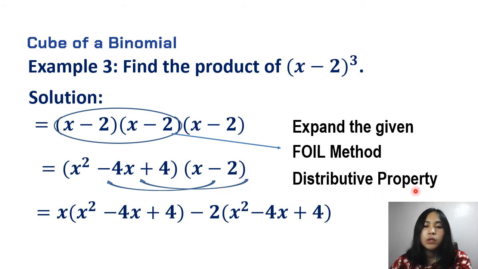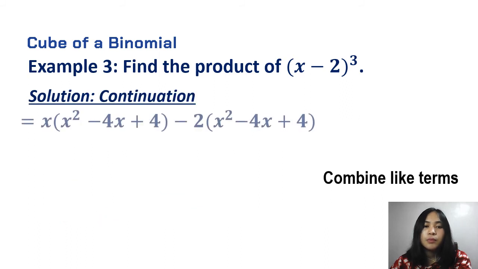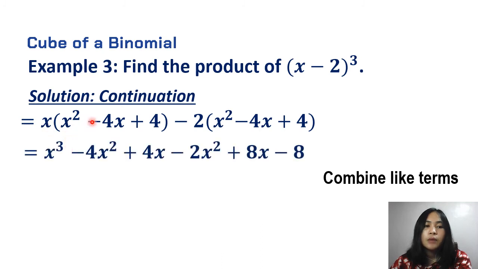We'll use the distributive property. So, x times x squared, x times negative 4x, x times 4. Then negative 2, distribute to x squared, to negative 4x, and to 4. So, x times x squared becomes x cubed.